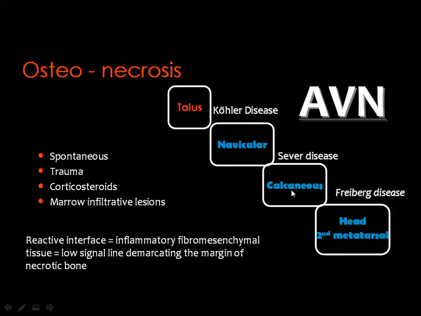Affection of the calcaneus is Sever disease, and the affection of the head of the second metatarsal bone is known as Freiberg disease. The causes of avascular necrosis are either idiopathic, or secondary to trauma, or secondary to the use of corticosteroids, or secondary to bone marrow infiltrative lesions.